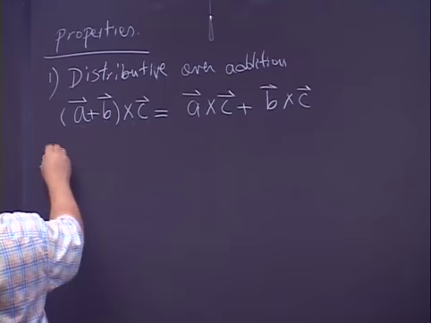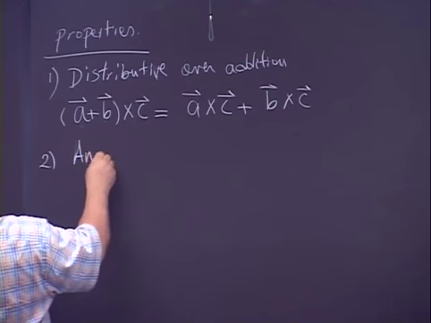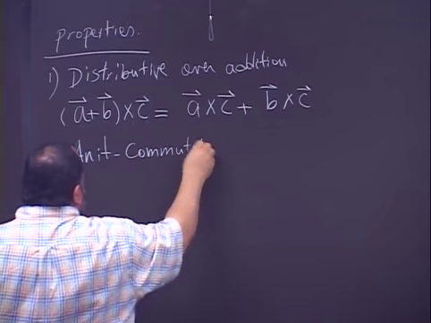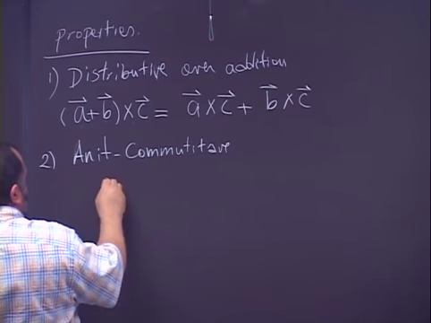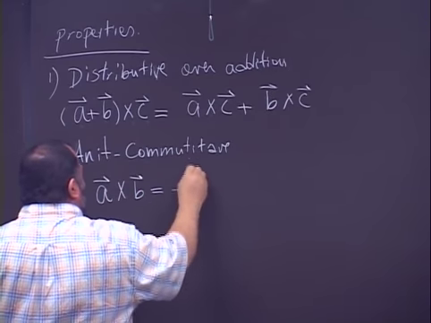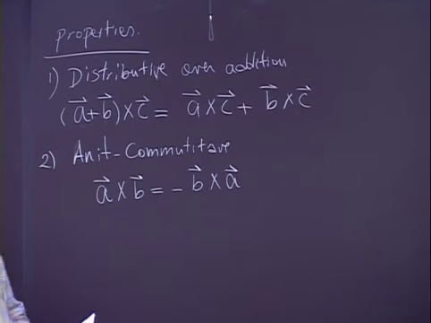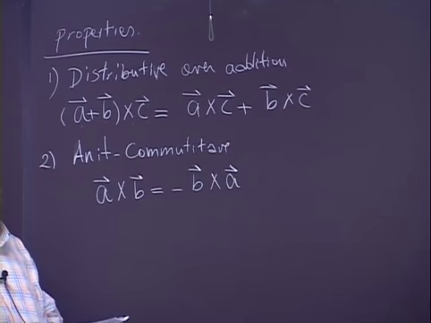The second property is what we call anti-commutative. What does it mean? It means that A crossed with B is equal to negative B crossed with A. So it's not like the scalar product that we studied last time, where A dot B equals B dot A, so you can exchange the order without any change in the direction.